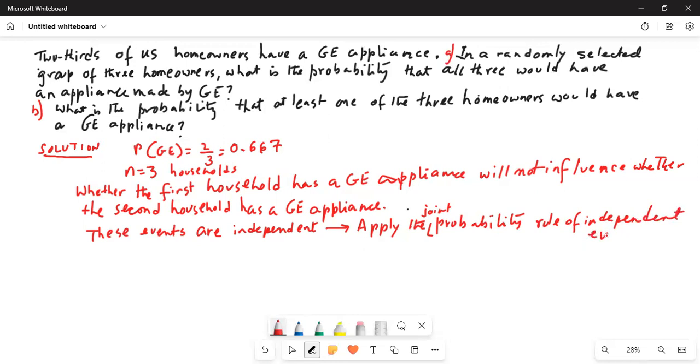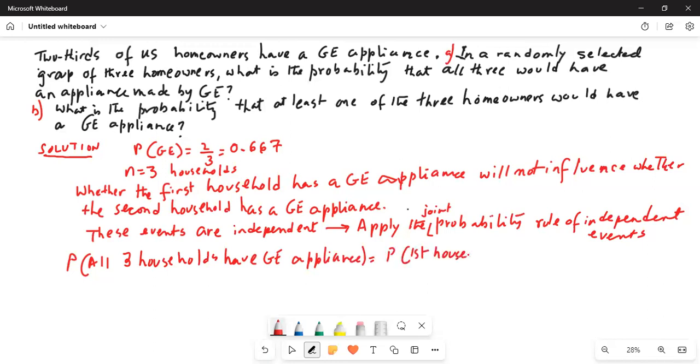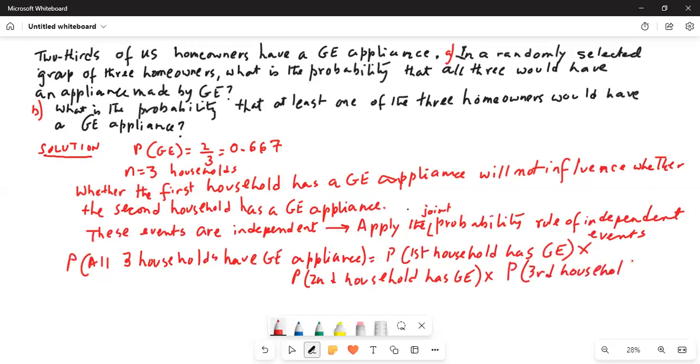That is, probability all 3 households have GE appliance is equal to probability first household has GE, multiplied by probability second household has GE, multiplied by probability third household has GE.